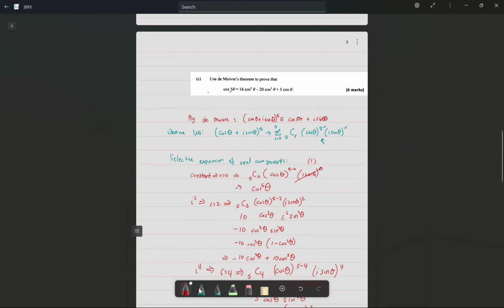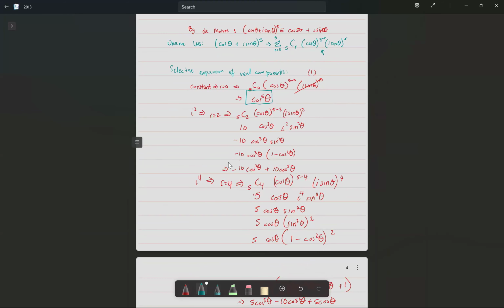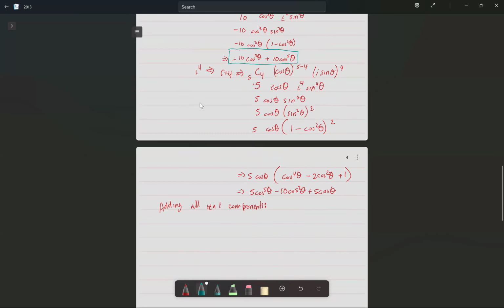We have the first real part, which was cosine to the fifth. The second real part, which was negative 10 cosine cubed. And the third real part, which is 5 cosine fifth. Now we need to add them together.